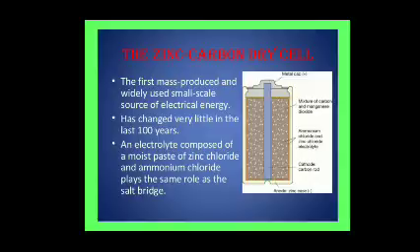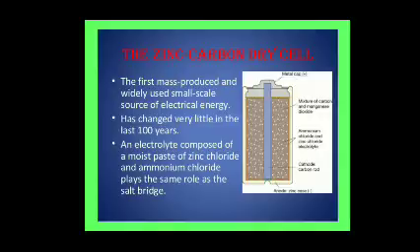Electrons are lost from the zinc anode. Those electrons move from anode to cathode. It produces electricity, that is 1.5 volts. The zinc case acts as the anode, the negative terminal. The carbon rod acts as the cathode, the positive terminal.